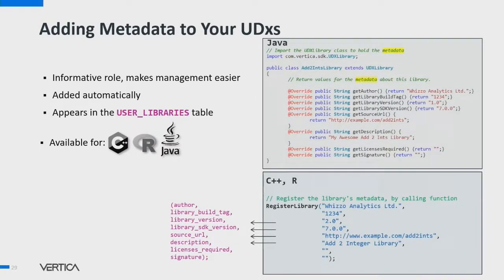In case of Java, you have to implement a class. But in case of C++ or R, you simply call the function RegisterLibrary, and whenever you install a new library, those metadata are added automatically, and then you have the reference of which field corresponds to which argument you are passing to the RegisterLibrary function.